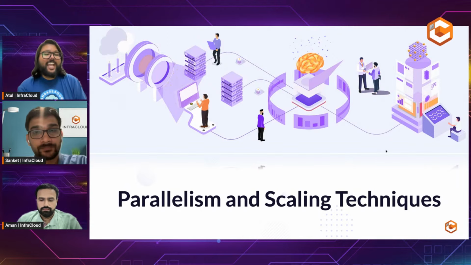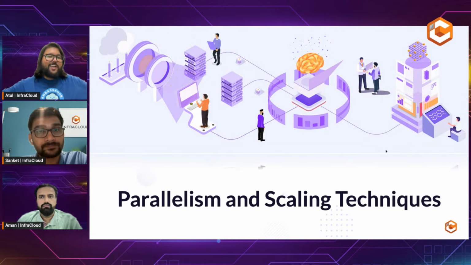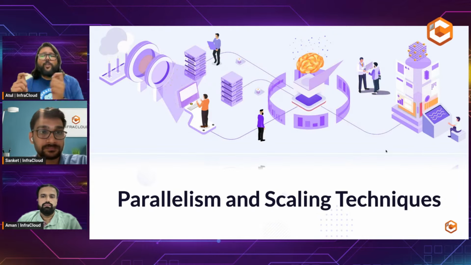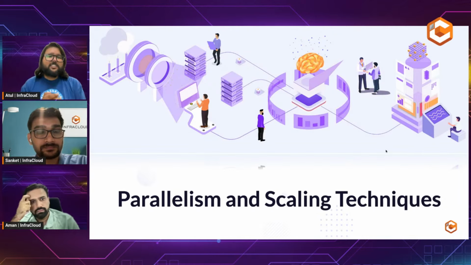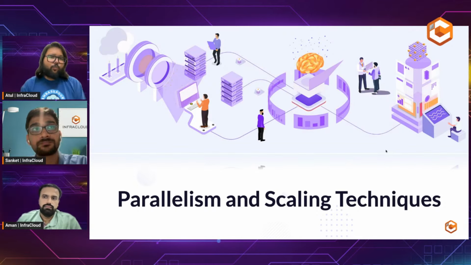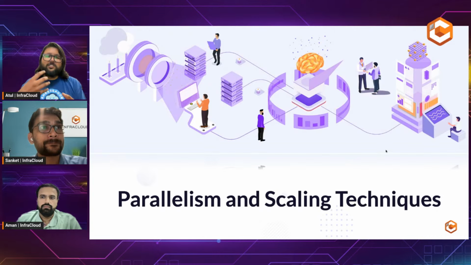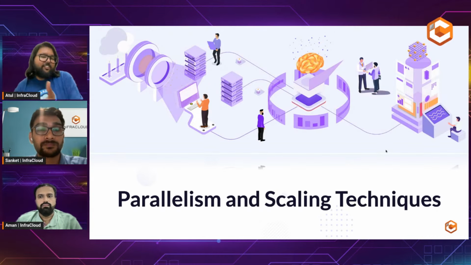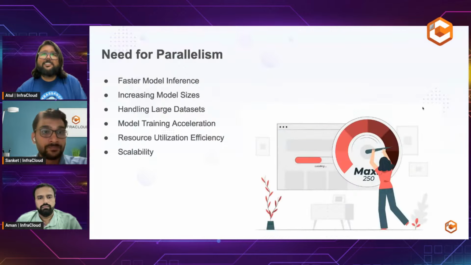And it's not as easy as putting a load balancer and saying, hey, divert the traffic to the 10 models that I have, which are deployed on 10 different machines, because that's not quite feasible for a lot of reasons. So moving on to the next section, we would be discussing a lot of parallelism and scaling techniques that are involved to make your optimized models reach the real world folks and give them a better experience.